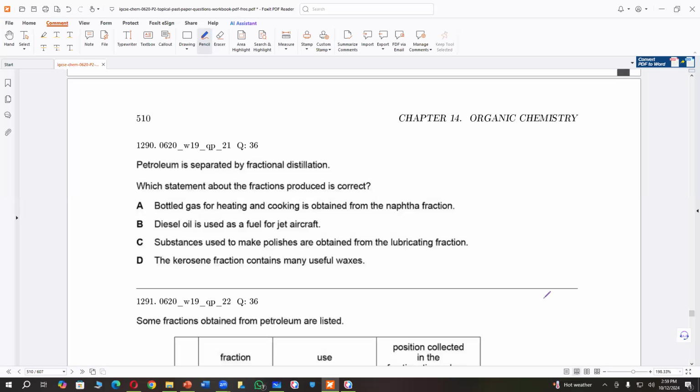Bottle gas for heating and cooking is obtained from the naphtha fraction. Diesel oil is used as a fuel for jet. D is wrong. Kerosene contains many useful waxes. D is also wrong. I think it's, is it not C? It's very close, actually. A and C are very close.